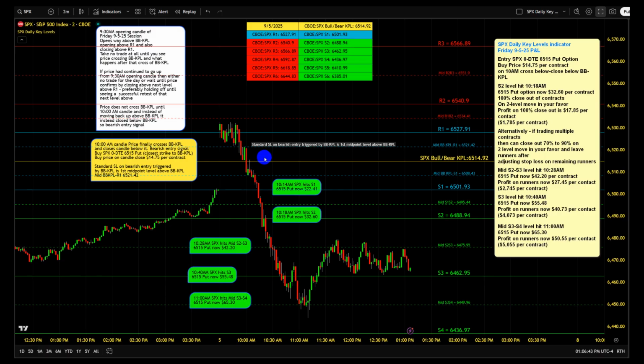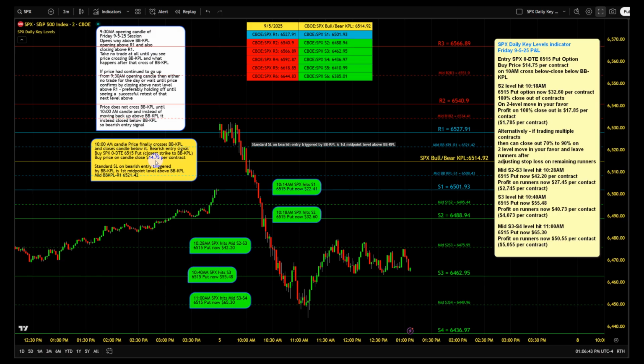If you're adjusting your stop loss by price, then you would want to adjust it to where it is at least equal to $14.75, what you paid, so that would be a break-even stop loss, but more preferably you'd like to make it more than $14.75. Since now we're at $32.60, you would like to make it more than $14.75 break-even, so that if price reverses, you still are going to have a profit on the remaining runner.